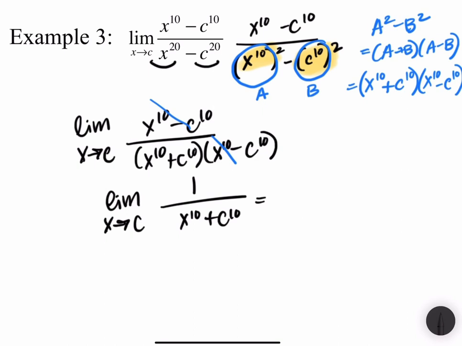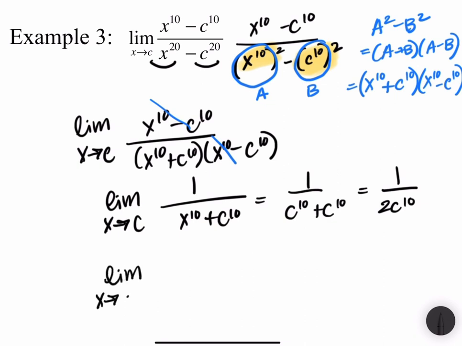So now I can go ahead and try to use direct substitution. And I'm going to get 1 over, x becomes c to the power of 10. And since I have the same c to the power of 10 plus c to the power of 10, that's the same as 2c to the power of 10. So I'm going to say the limit of all of this crazy stuff winds up being 1 over 2c to the power of 10.